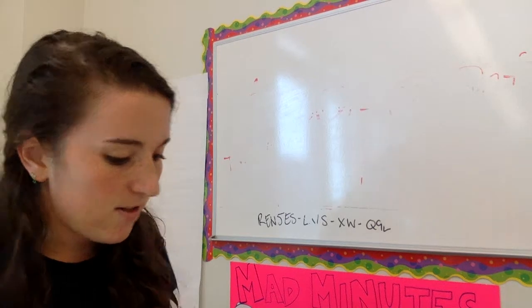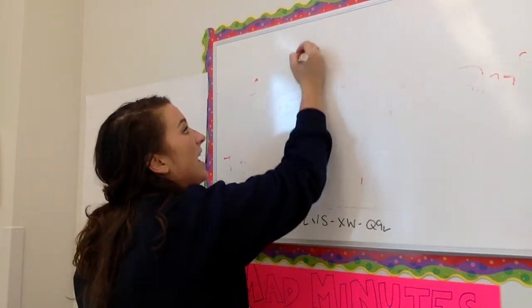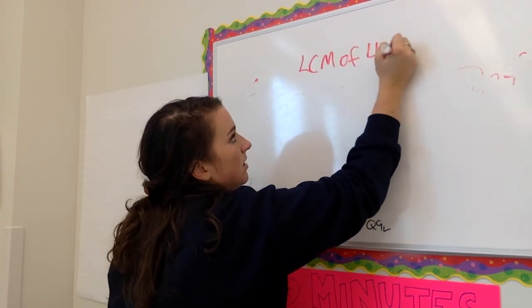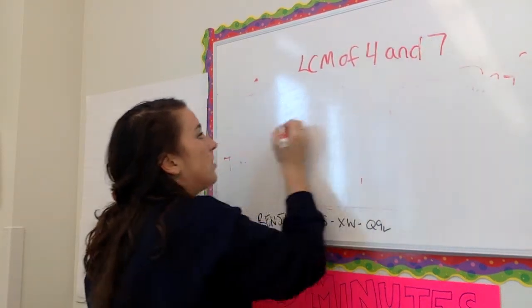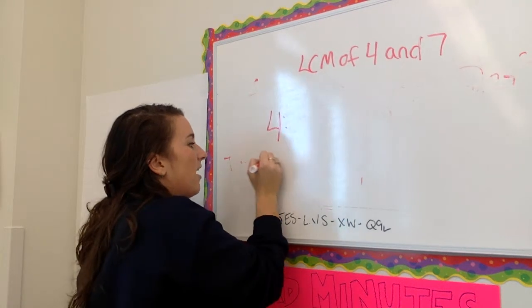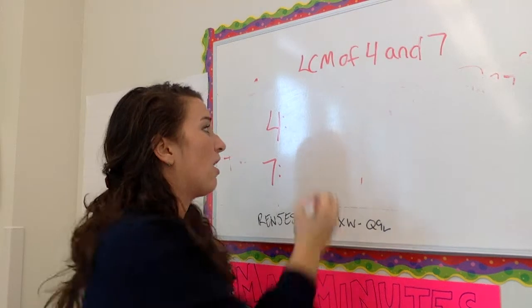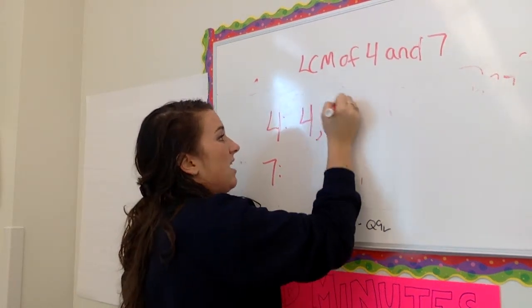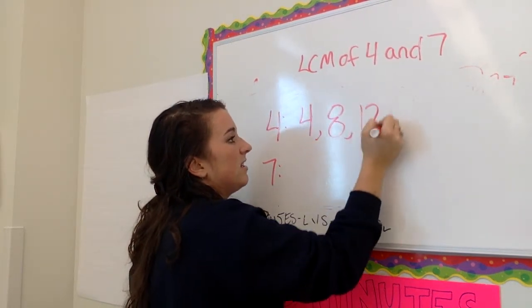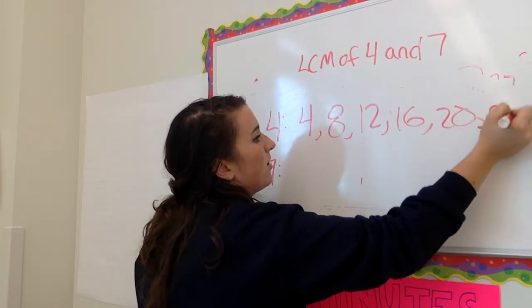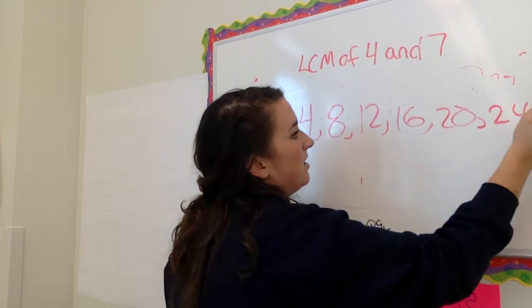So now we're looking for the LCM of 4 and 7. So first we're going to roll our multiples of 4, and we're going to roll our multiples of 7. So our multiples of 4 are 4, 8, 12, 16, 20, 24, 28.